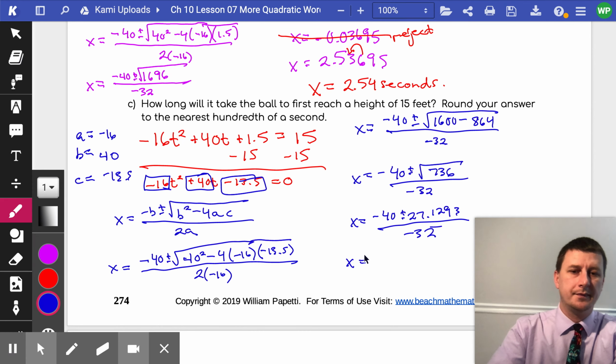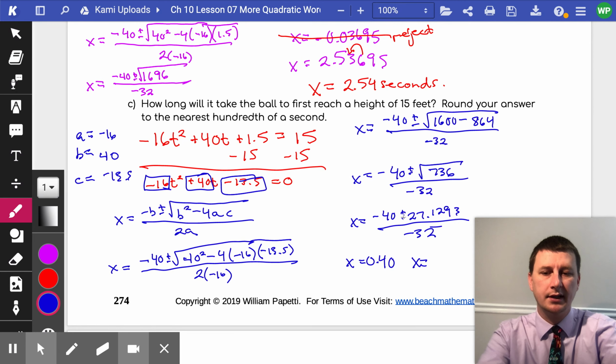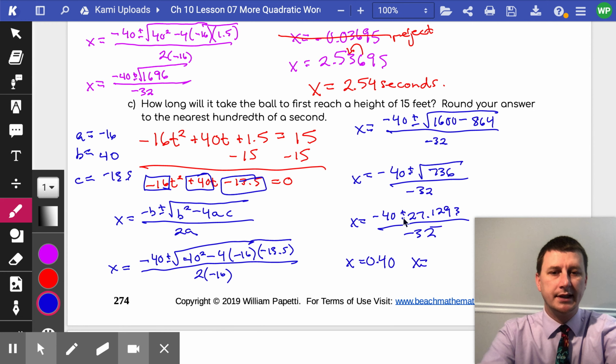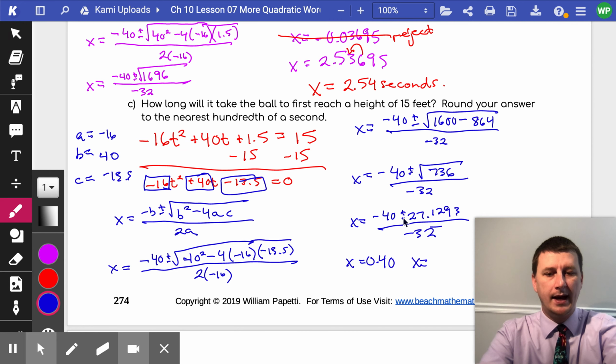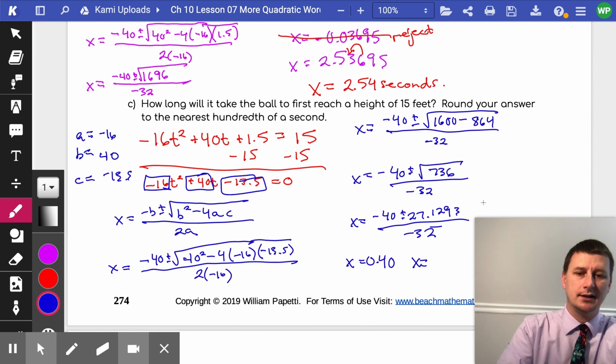We're going to get 0.40, and that's rounded to the nearest hundredth. But also, if we go the other route and we do negative 40 minus 27.1293, we're going to get negative 67.1293, and we're going to divide that now by negative 32, and we're going to get a positive 2.097, which is going to round up to 2.10.